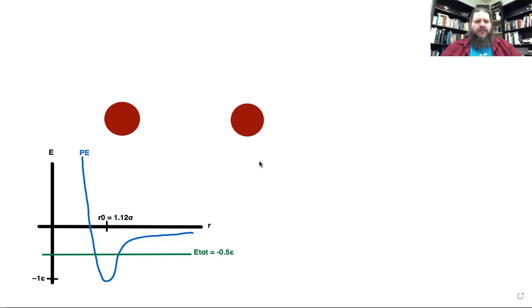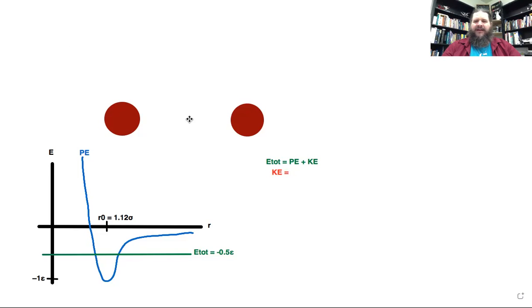I'm not too sure. If we go back to the idea that E total is the potential energy and the kinetic energy added together, we know the value of E total. We have a formula for potential energy, or not necessarily a formula, but at least a shape of the graph. If we want to know kinetic energy, how would you solve for kinetic energy here, just algebraically?